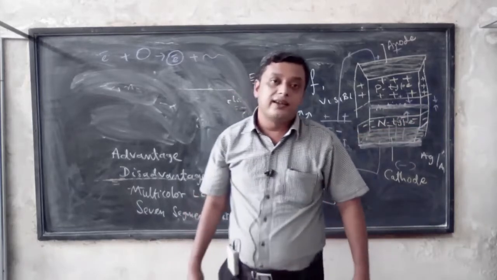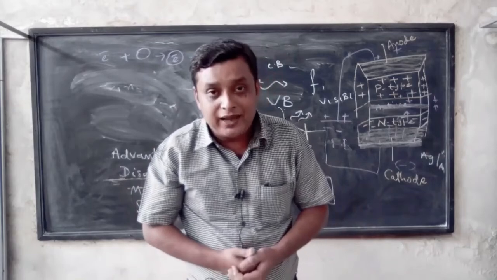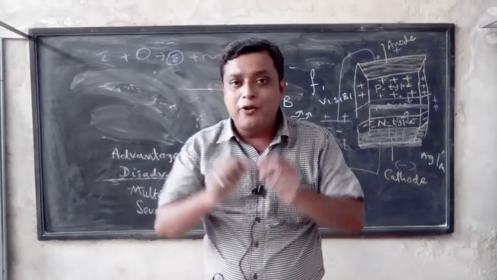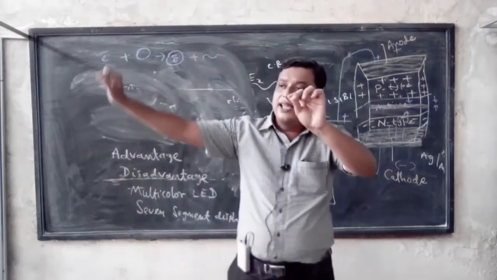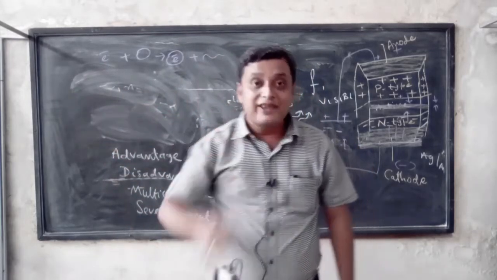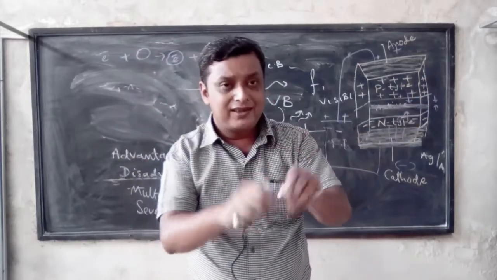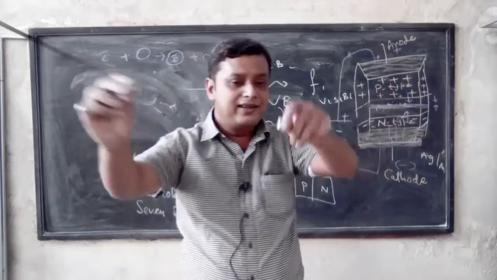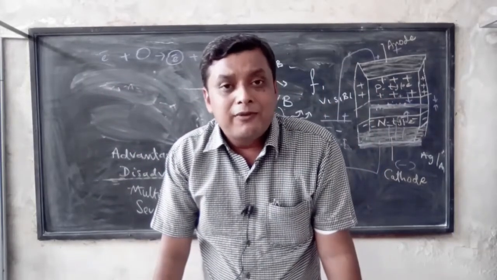The reason is that whenever recombination takes place, we cannot say that recombination of the electron will lead to generation of light in a single direction. Actually it will be in each and every direction. If there is a recombination, light energy will be generated in each and every direction. So what happens?